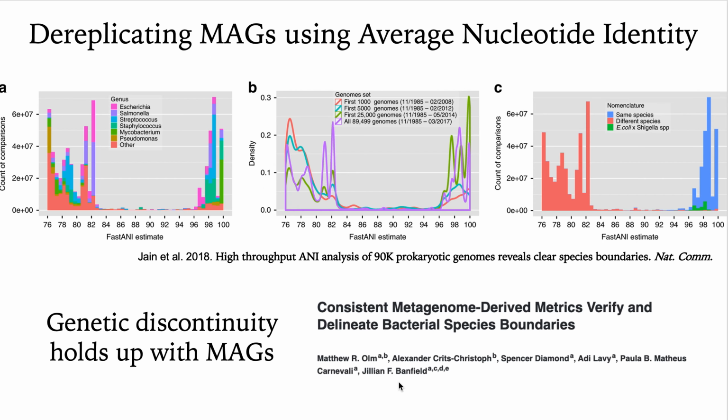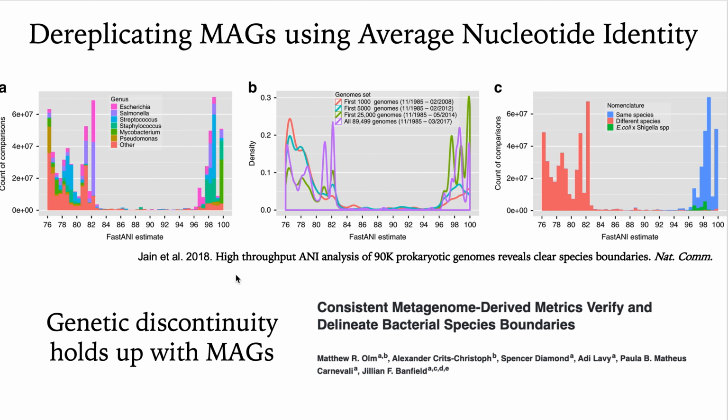This might be shown a little better on these graphs, where you can see that many genomes are between 95 and 100% ANI. These are all very closely related, likely the same species, if that's how we're going to define them. And then there tends to be a gap. And then you get another group of genomes that are related at between 75 and 85% ANI. And that might be the nearest neighbors within the genus or the family.